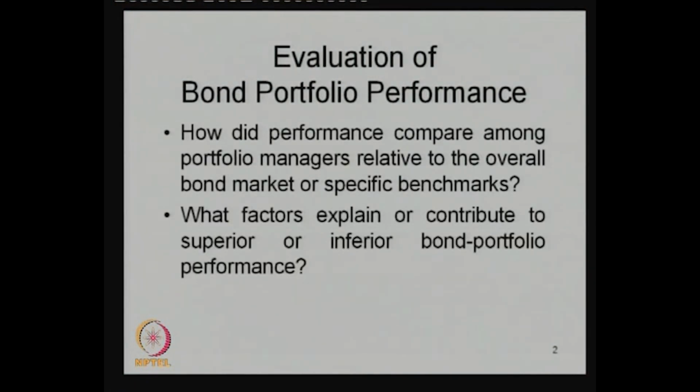Whenever we talk about bond portfolio performance, we try to answer two questions: how did performance compare among the portfolio managers relative to the overall bond market or specific benchmarks, and which factors explain or contribute to superior or inferior bond portfolio performance over a period of time. These are the two things we always look into when we discuss portfolio performance in the case of bonds.